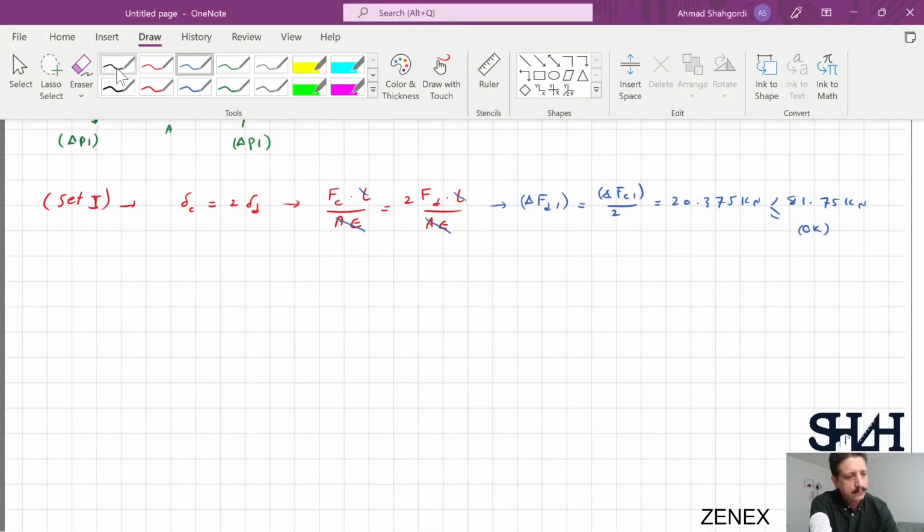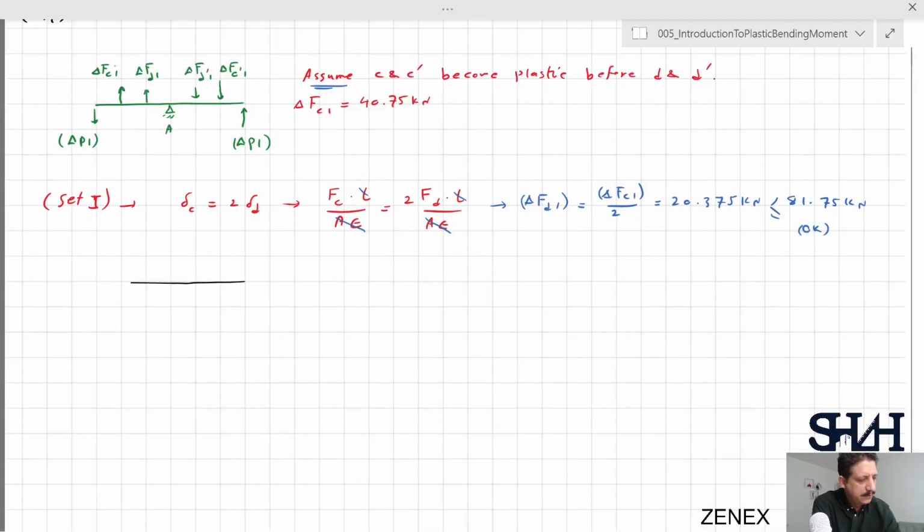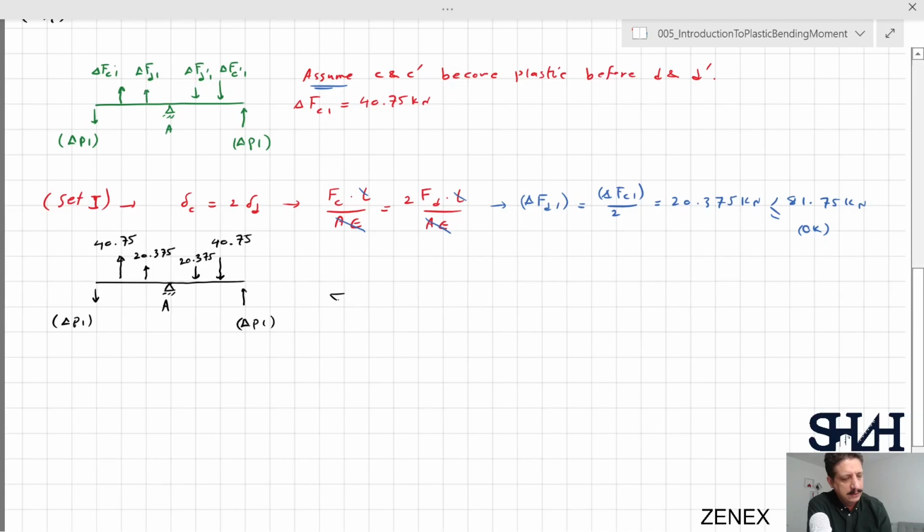So it means that our assumption is valid. So now we can just make a simple bending moment equation, delta P1, and here this will go to 40.75, and the other one is 20.375, and here is point A, that we can make the bending moment equilibrium equation.